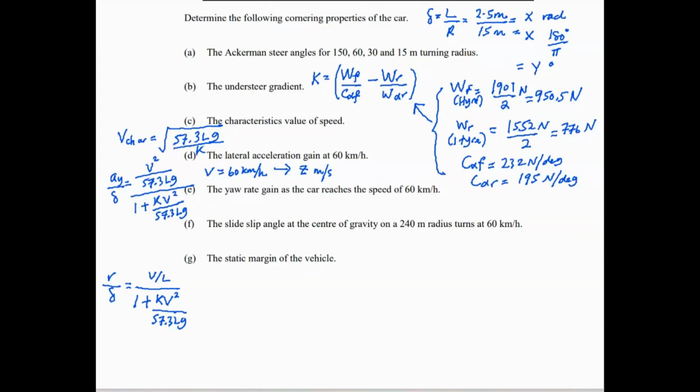The equation is the slip angle beta equal to 57.3 C over R, minus W R V squared over C alpha R G R.